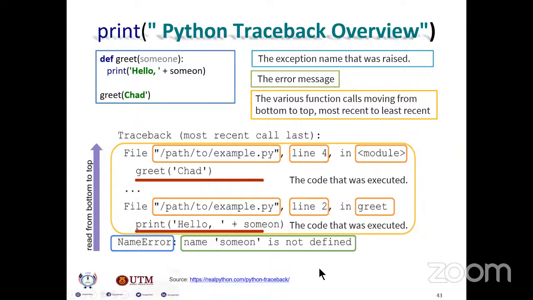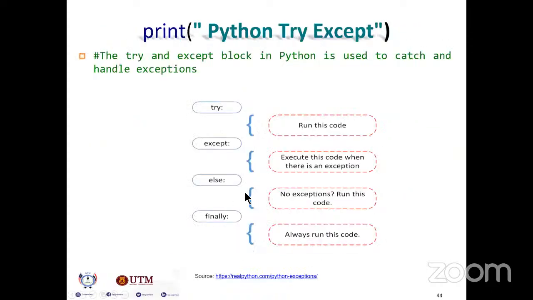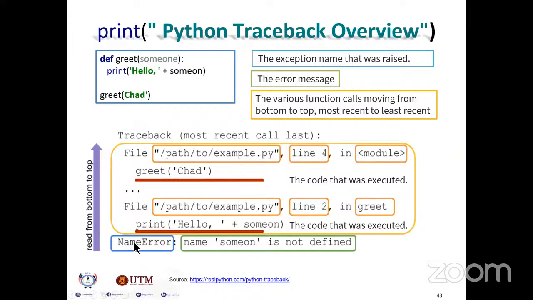First of all, you read it from down to up. The last line is the most important. This is the error. What it says here: the name someone is not defined. The kind of error is NameError.